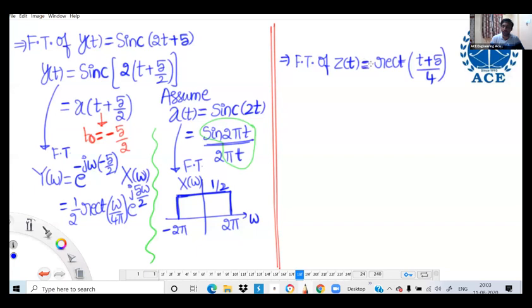Rect of t plus 5 by 4. I want the Fourier transform of rect of t plus 5 by 4. The known signal for us is rect t by 4. A rect t by T is the standard form.